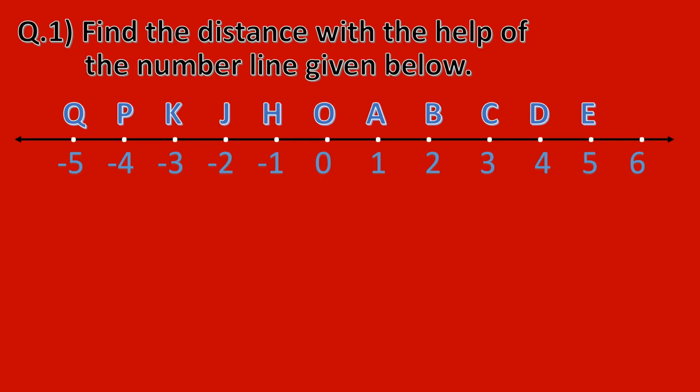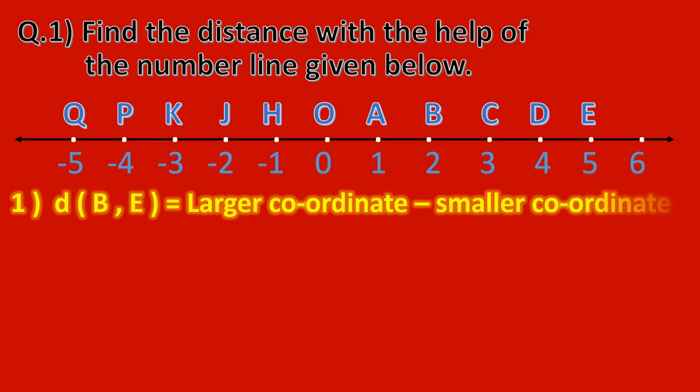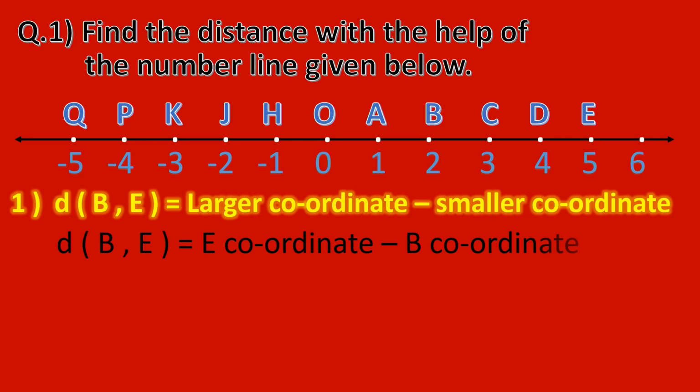Practice set 1.1. Question number 1 is find the distance with the help of the number line given below. Above it you will get the coordinates and down to that their values. The formula here is always you have to subtract the smaller coordinate from the larger coordinate for distance.